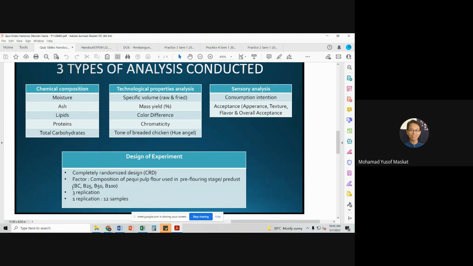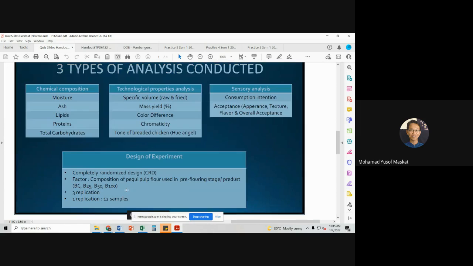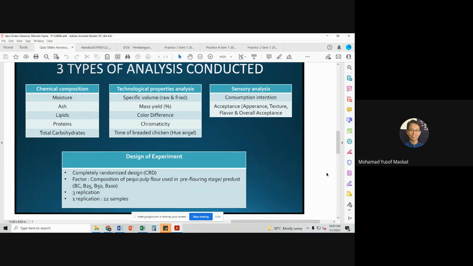Meaning that in one replication, they will have 3 samples of BC, 3 samples of B25, 3 samples of B50, and 3 samples of B100. So in total, 4 times 3 is equal to 12. So within one replication, they have 12 samples. So in total for 3 replications, they will be having 36 samples.